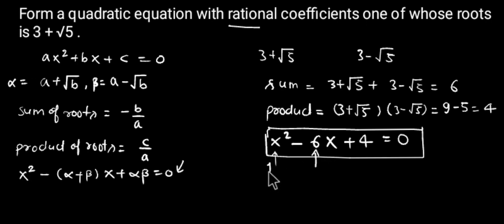The coefficient of x square is 1 here and the coefficient of x is 6. So these are rational numbers. So we have found a quadratic equation with rational coefficients. That is the thing we were asked in the question, and we found the required equation by applying these properties.